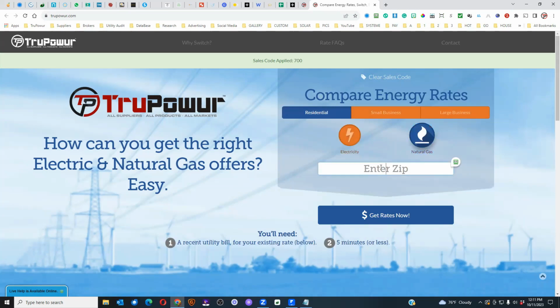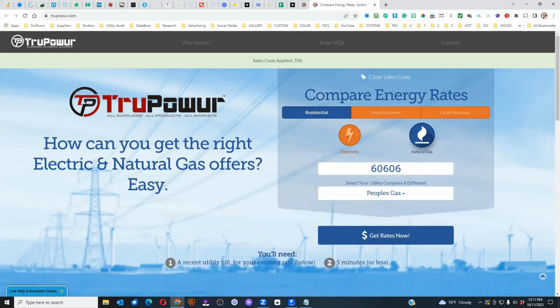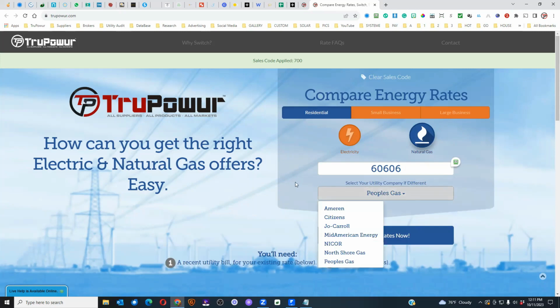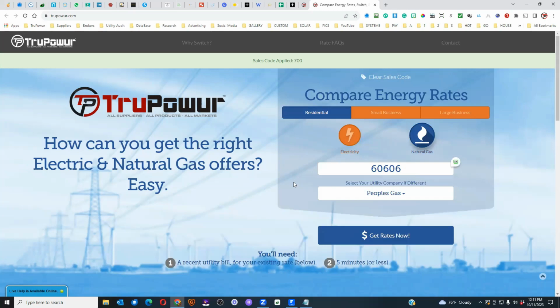So if you put in the zip code of the customer, it is going to automatically select the utility. And so this is not the supplier. And when you look at the bill, it may be Reliant or NG or something like that. That is the supplier. That's not the utility. This here represents the utility that actually supplies the energy.